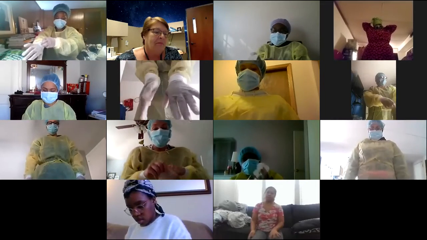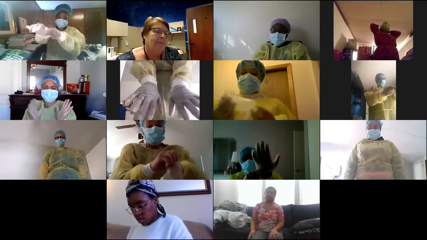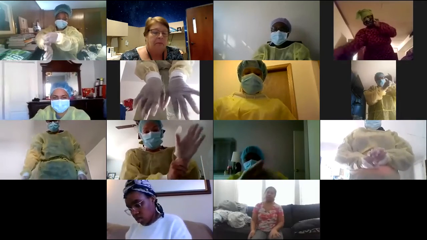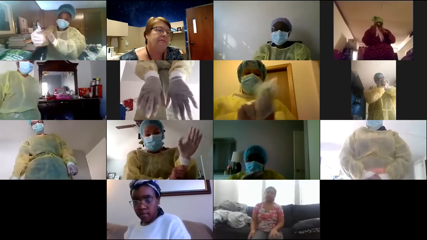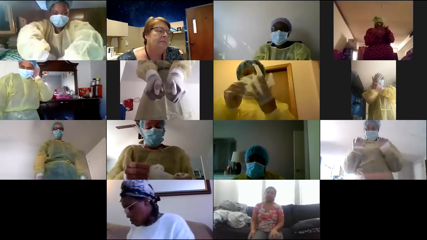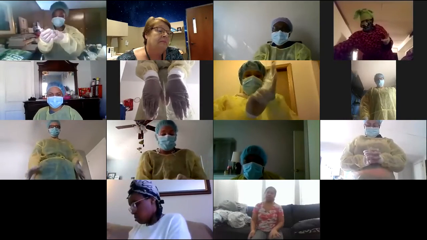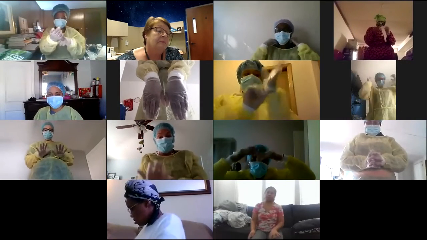All right, so gloves, we're not putting on sterile gloves here, so you just want to make sure, obviously, thumb goes in the thumb. Regular gloves are ambidextrous, right? So it doesn't matter which one you use for which hand.